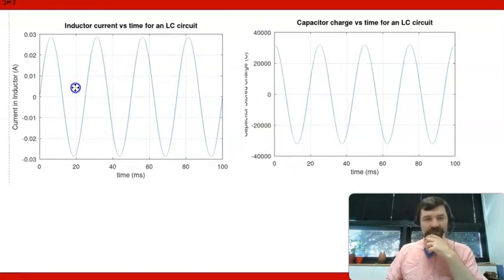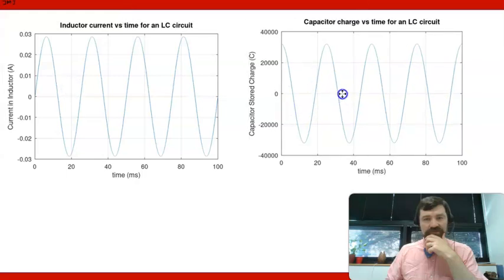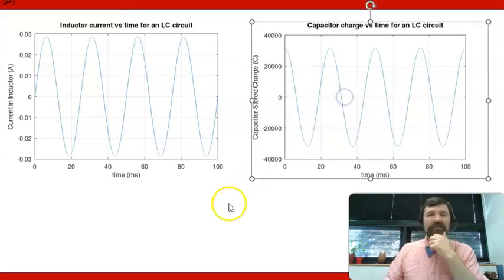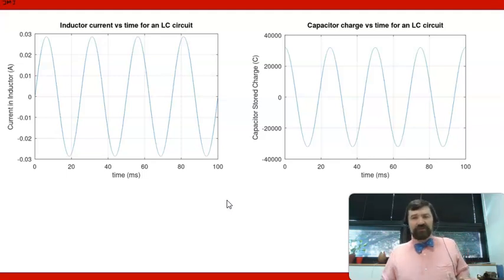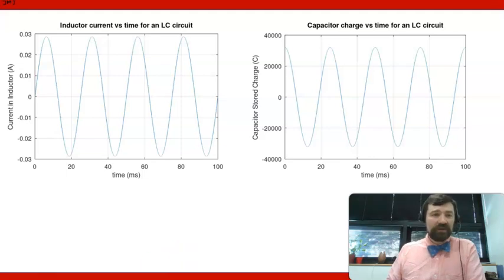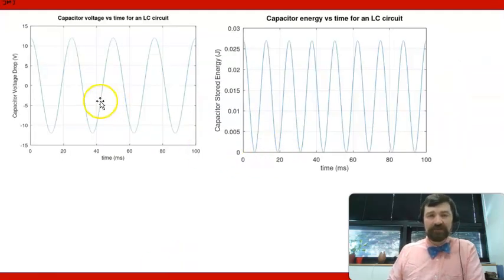So here it is with the charge stored side by side. All right. So right now I've got all the graphs that I could. The only thing I can do differently at this point would be changing parameters and looking at what they do. I really wanted to just briefly compare and contrast them.